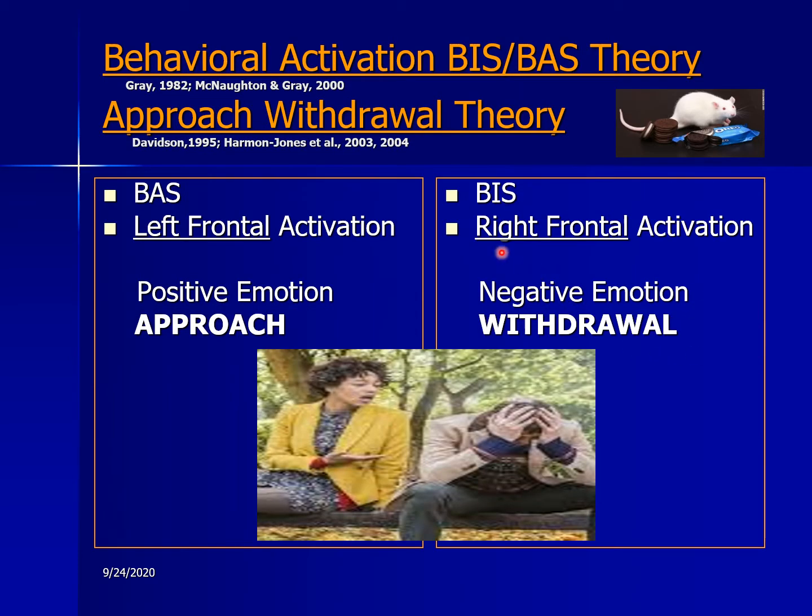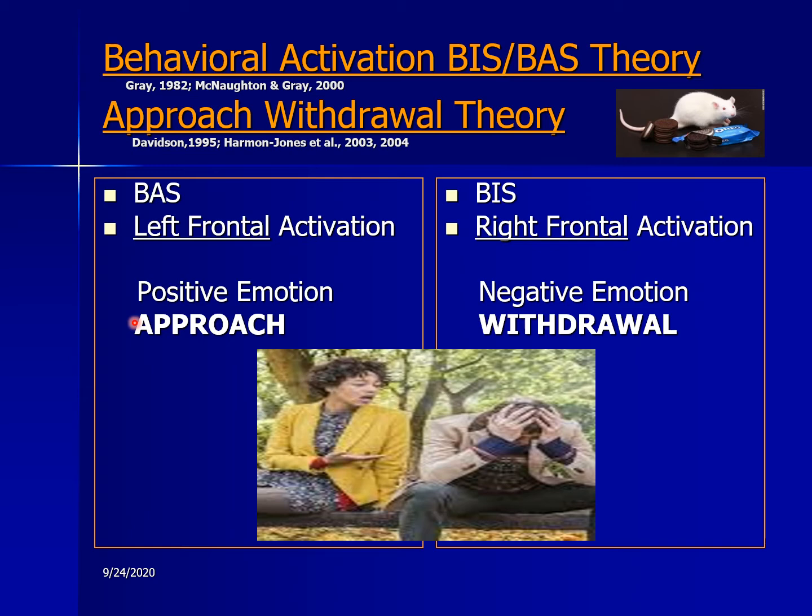Another very popular theory, especially in our department here at Virginia Tech, where many of the faculty members investigate the BIS/BAS theory, behavioral activation theory, but I'm going to put it together with approach-withdrawal theory. Here the theory predicts that left frontal activation is associated with positive emotions and approach-related motivation.